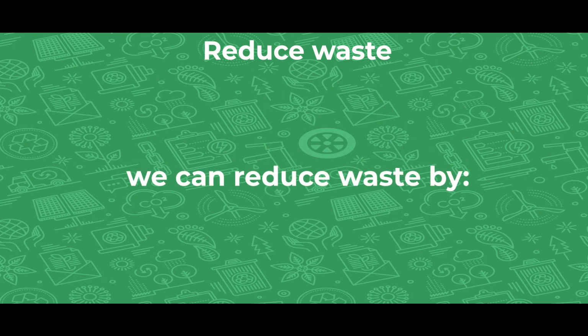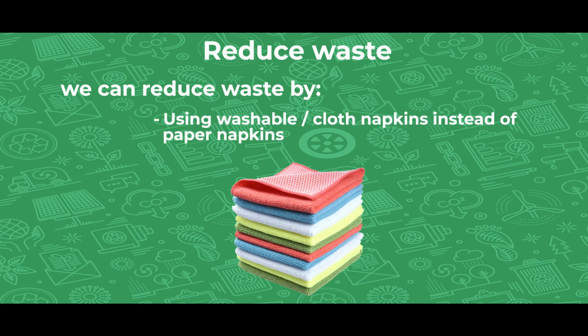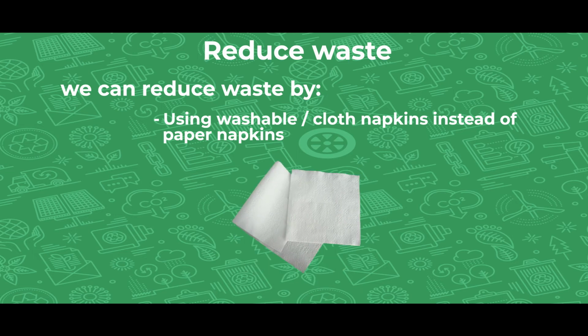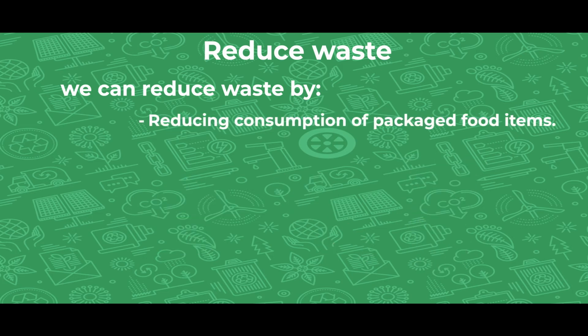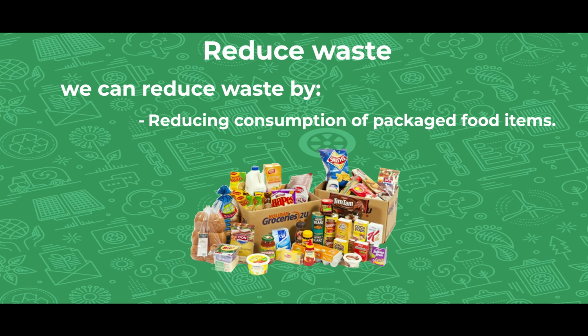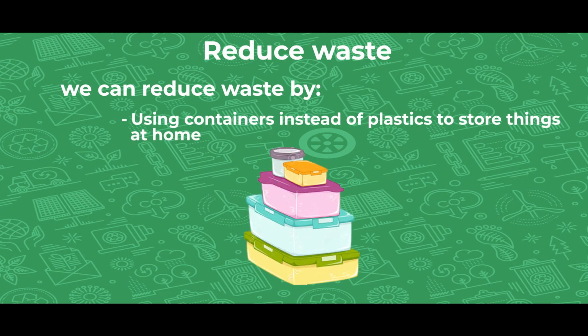We can reduce waste by not tearing pages from the book, using washable or cloth napkins instead of paper napkins, avoiding use of disposable plates, spoons, glasses and cups, reducing consumption of packaged food items, using refillable pens instead of buying many pens, using containers instead of plastics to store things at home.